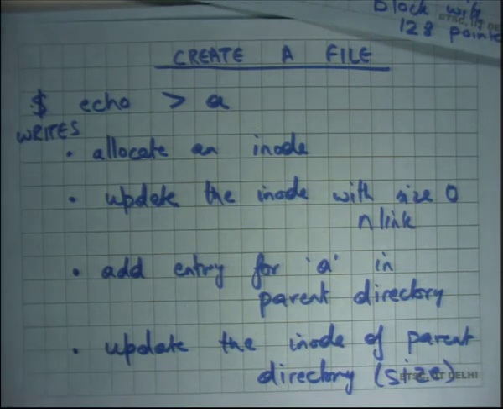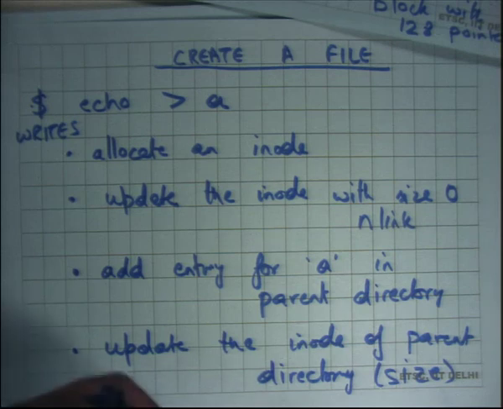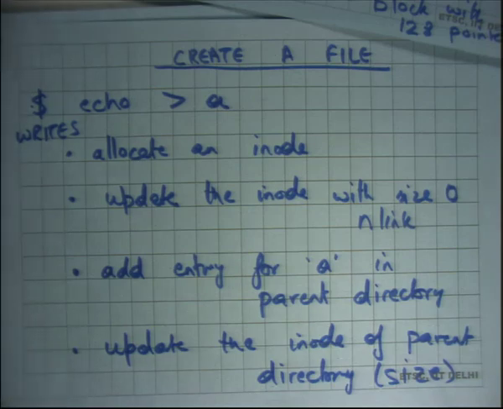So at this point you have created the file. You have allocated an inode, initialized it, created a mapping by appending a directory entry to the parent directory, and updated the size of the parent inode. So many disk accesses for one operation.